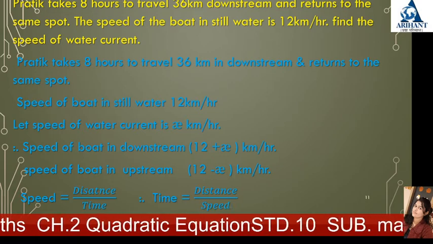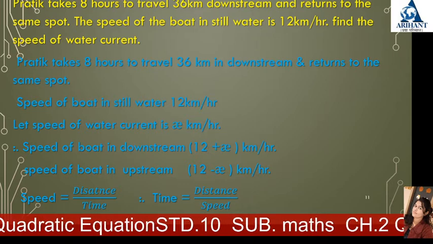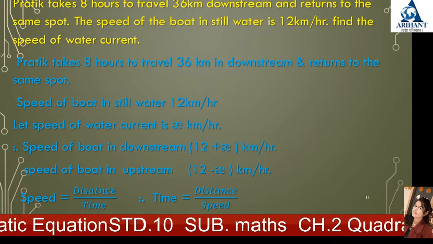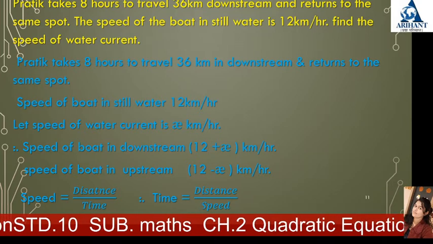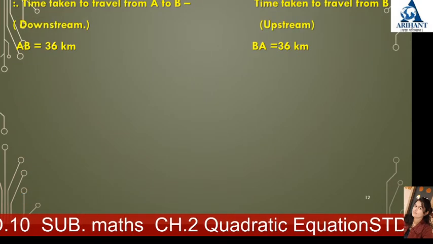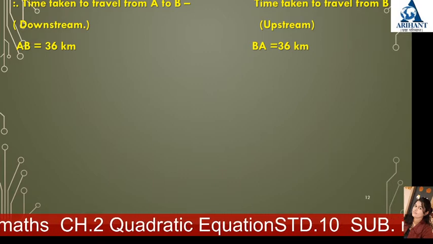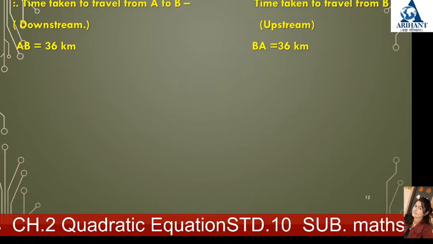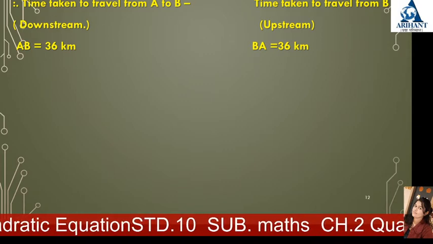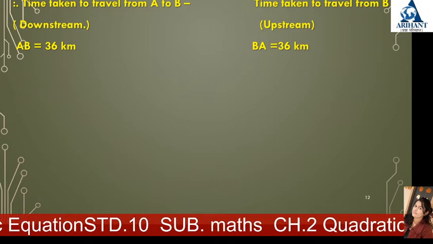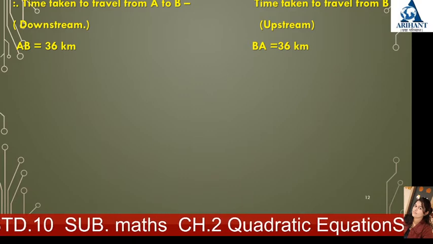So the formulas are: speed is equal to distance upon time, and time is equal to distance upon speed. These are the formulas. Let's put values in each. Time taken to travel from A to B, that is downstream. AB is equal to 36 km, which is given in the example if we read it carefully.